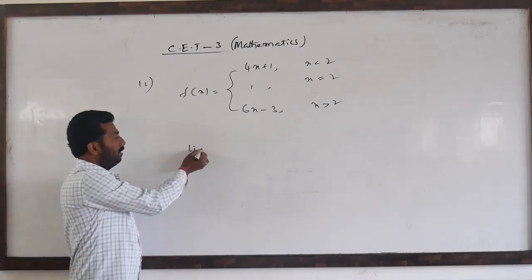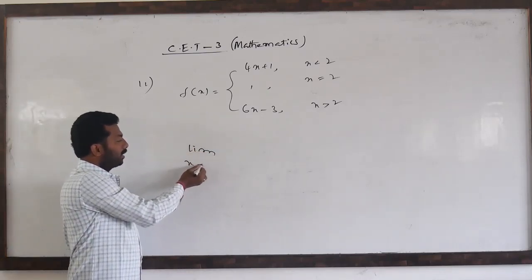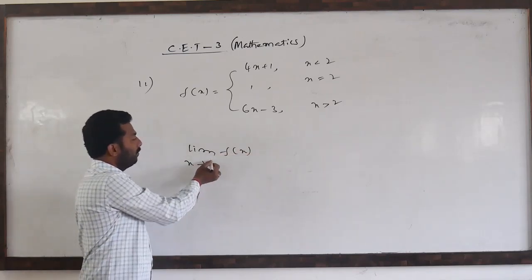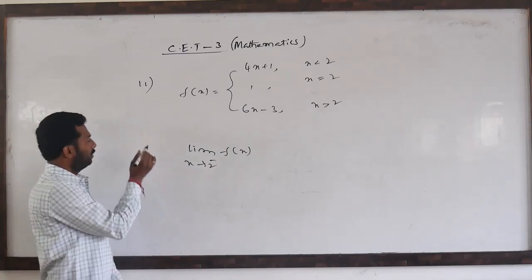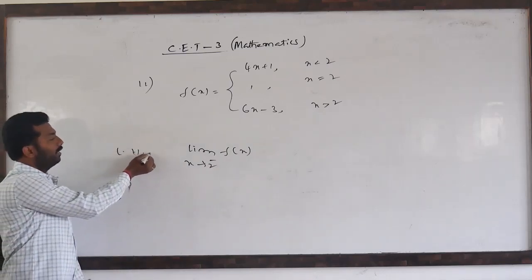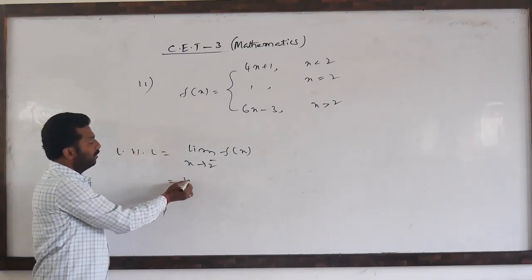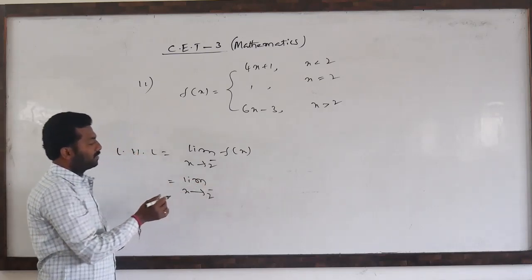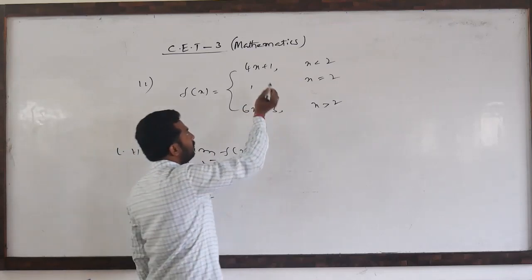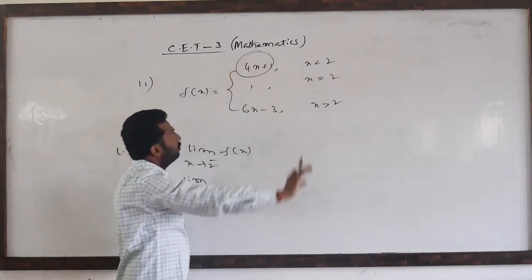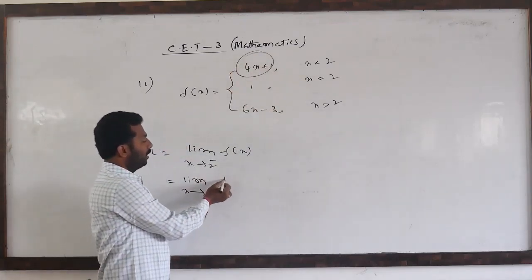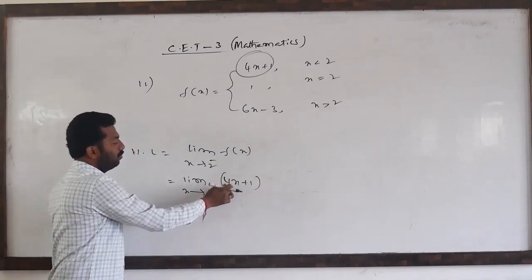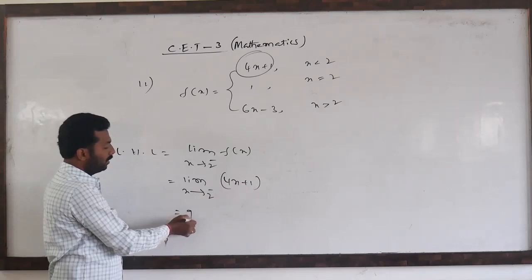So we'll see limit x tends to 2 of f of x. First we will calculate the left hand limit, limit x tends to 2 minus. 2 minus means x is less than 2, where the function takes 4x plus 1. Putting x equal to 2 gives 8 plus 1, that is 9.